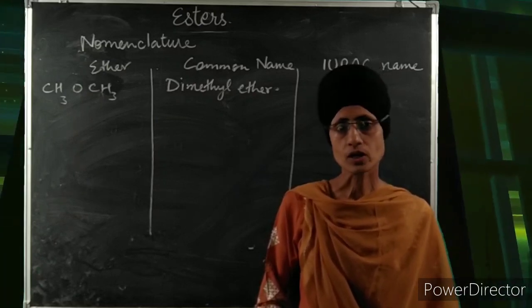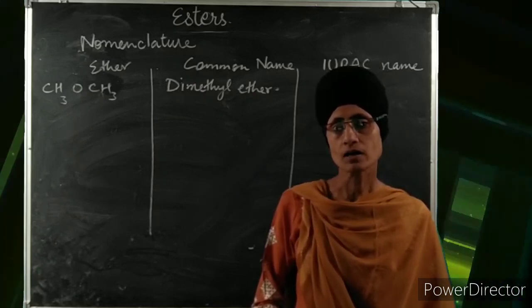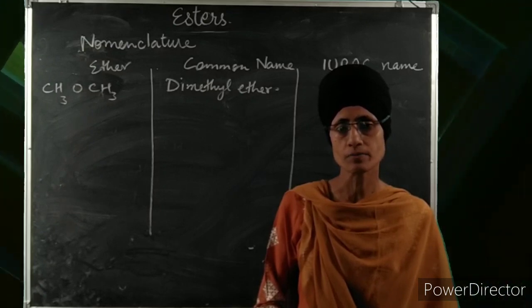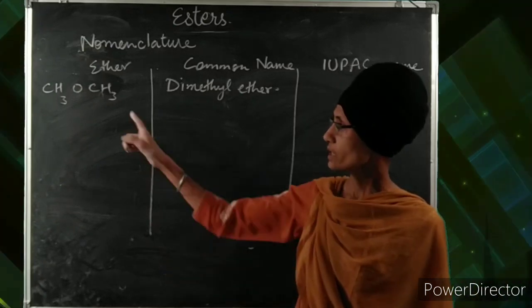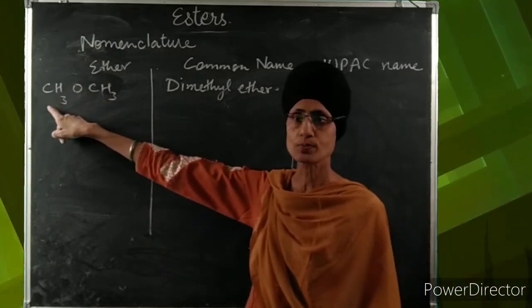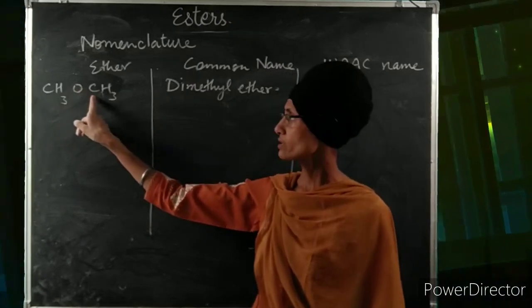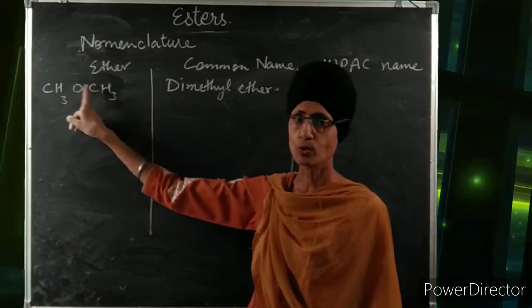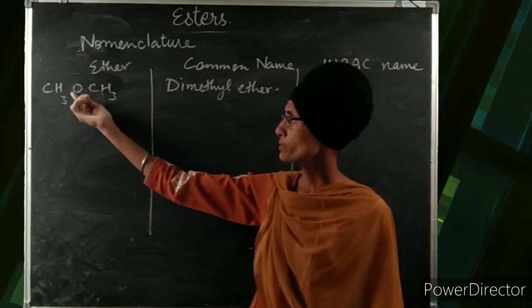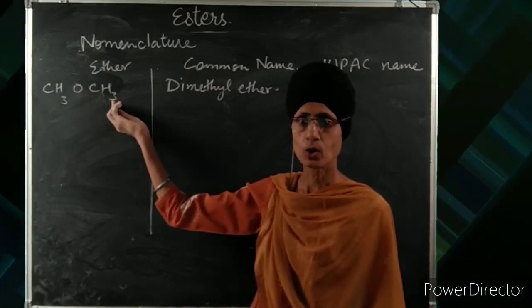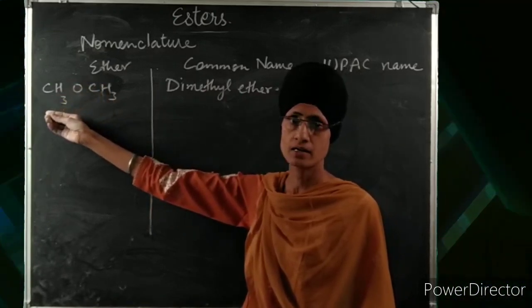Oxygen is taken with the smaller alkyl group, which has fewer carbon atoms. But here you can see both are methyl groups, so the length of the carbon chain is the same on both sides. So the ethereal oxygen will be taken along with one, making it alkoxy, and the other will remain as alkane.